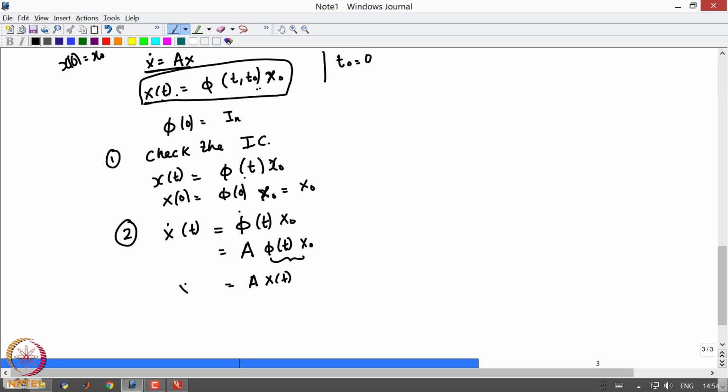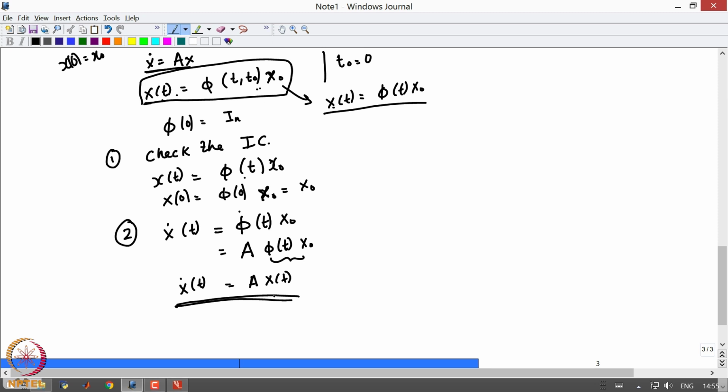So, I recover, starting from this solution, which I rewrite for t naught equal to 0 as phi t times x naught. I start from this differential equation x dot equal to A x, I substitute this solution which I propose for x, and I recover again the original differential equation. So, the initial conditions agree, and also the differential equation agrees, it satisfies.